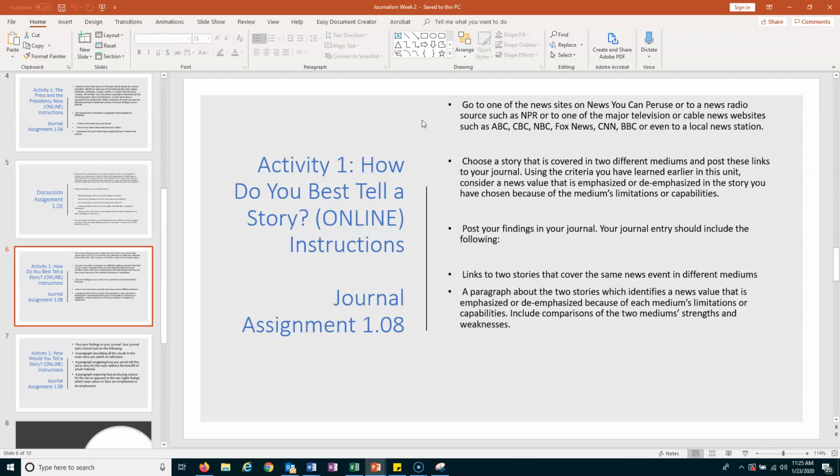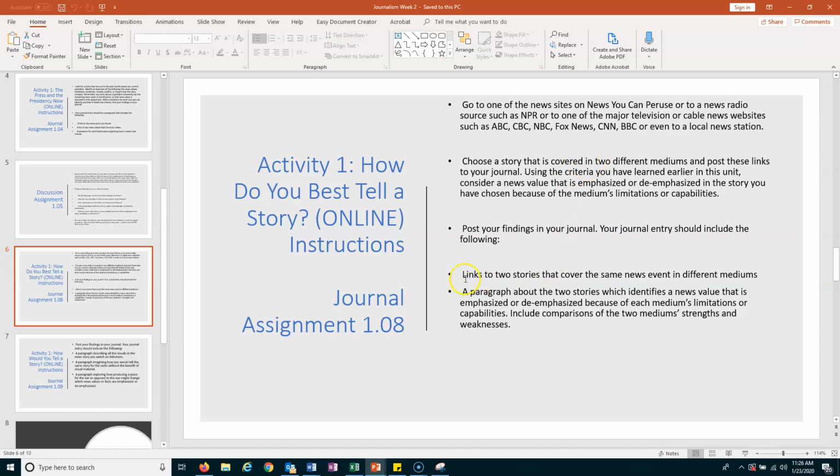So for this story, you are going to choose a story that's covered by two different mediums. And then obviously you're going to post your link.